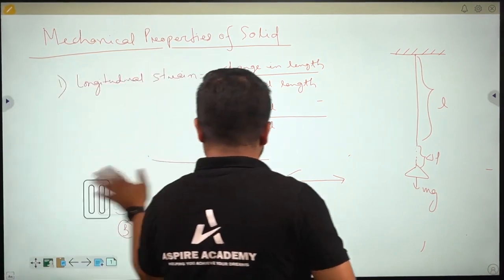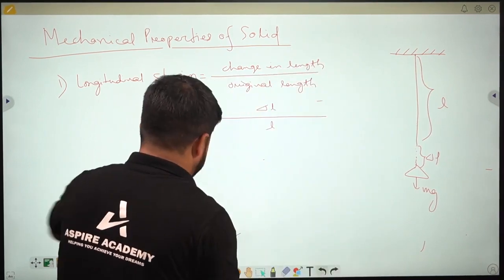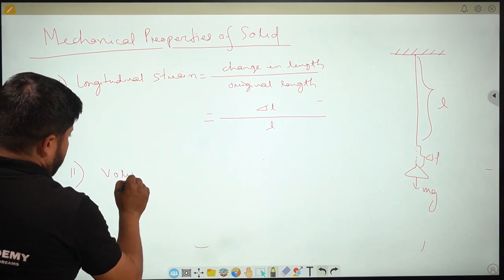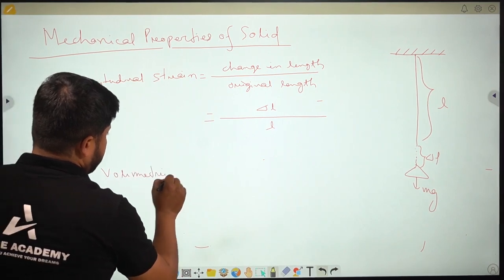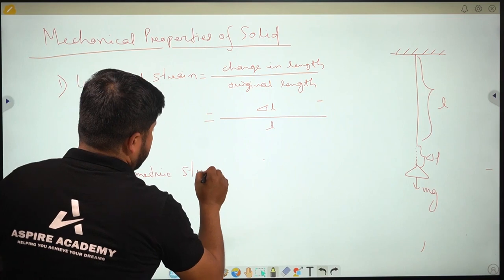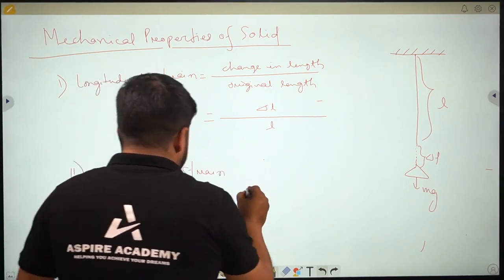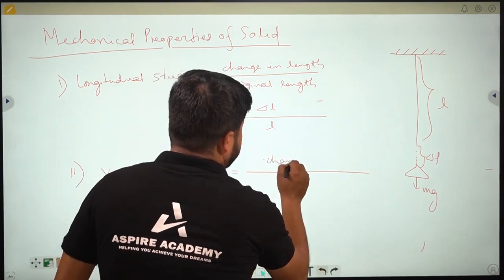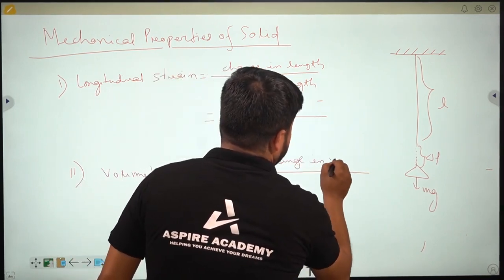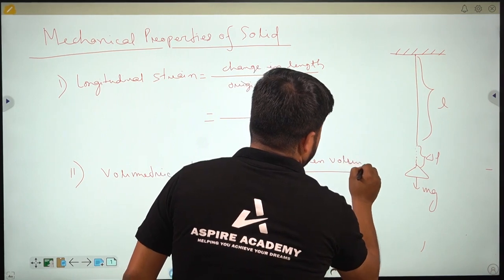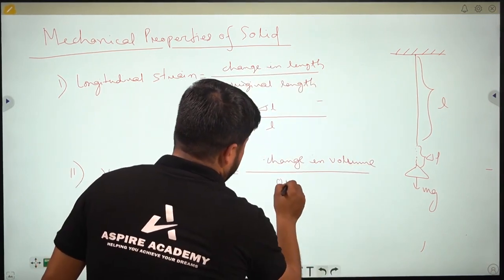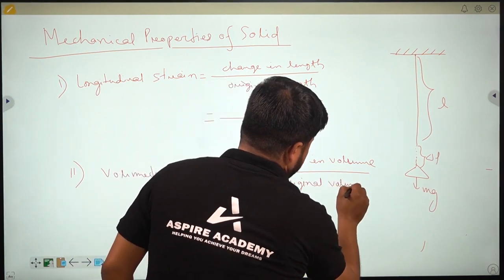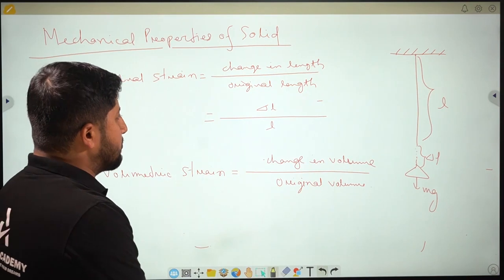The next one, number 2, is called volumetric strain. So what is volumetric strain? Volumetric strain is the change in volume to the original volume.